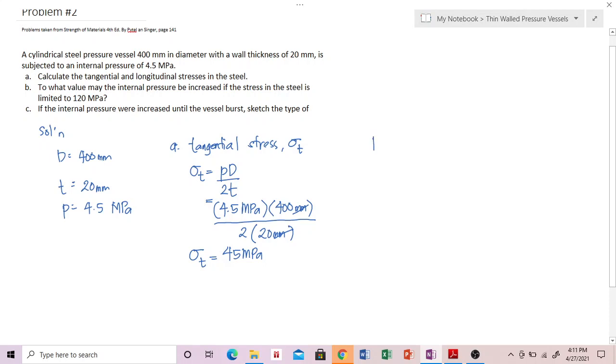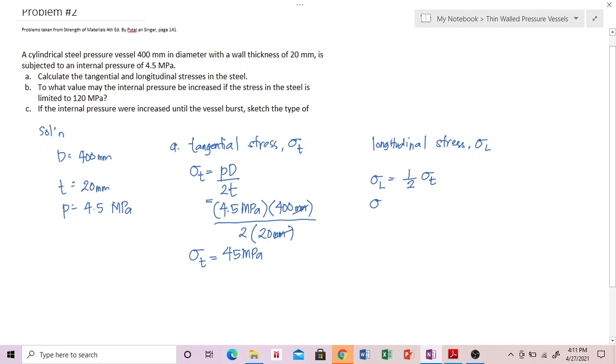Okay, how about for the longitudinal stress? For the longitudinal stress, that is equivalent to half. Diba? Based sa discussion kanina, longitudinal stress is half of the tangential stress.